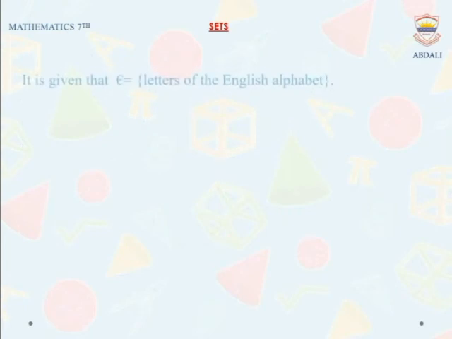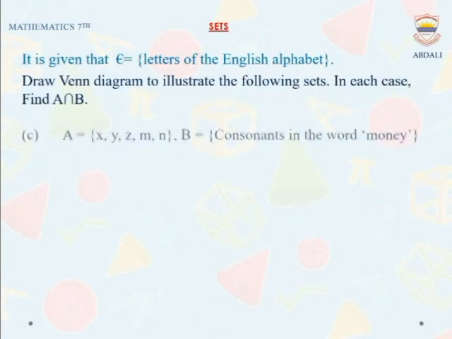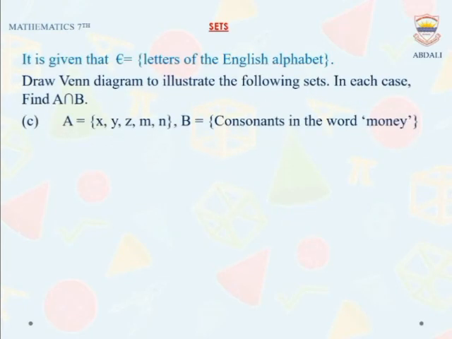Now let's move to the other part of the same question, which is part C. Here A equals X, Y, Z, M, N. And set B contains consonants in the word money. So let's start our solution.